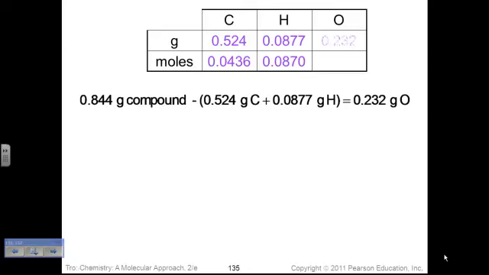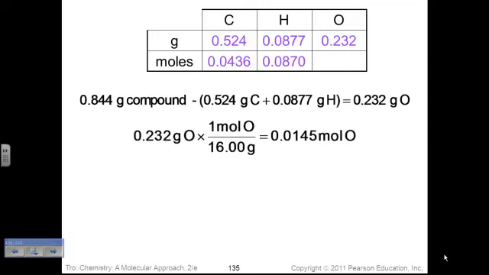That missing mass must be that of the oxygen, and it comes out to 0.232. We also need the moles of that number because subscripts are mole numbers. Grams divided by atomic weight gets me into moles. That's just a mole map problem. From the scale into the mole, we divide by atomic weight. See how the grams cancel out, and you've converted to moles. So now we have the individual mole numbers.